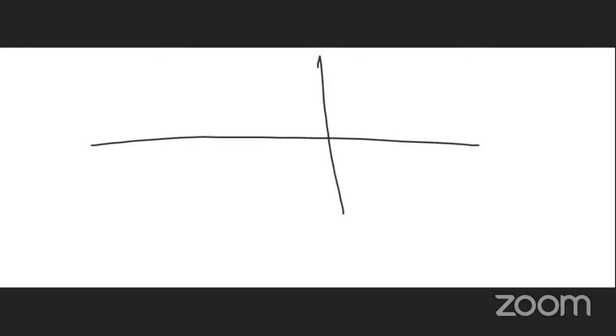The object may be between the optical center and the principal focus. This is the optical center, this is the principal focus, and this is twice F. So let me use red here. The object may be here.